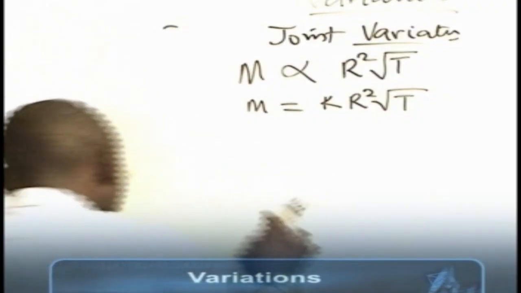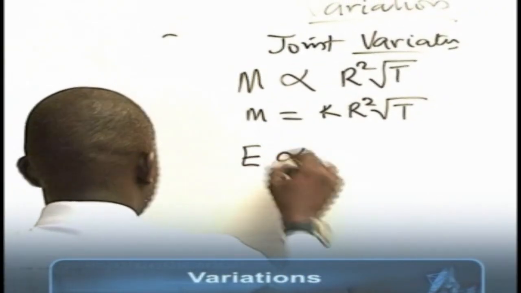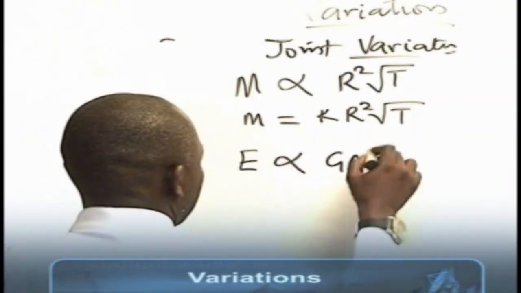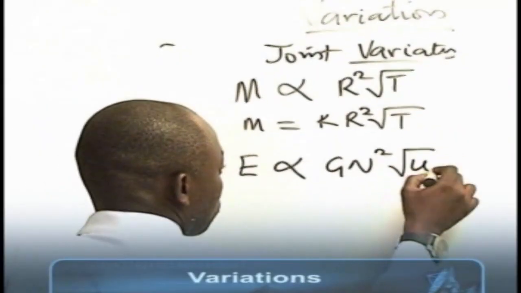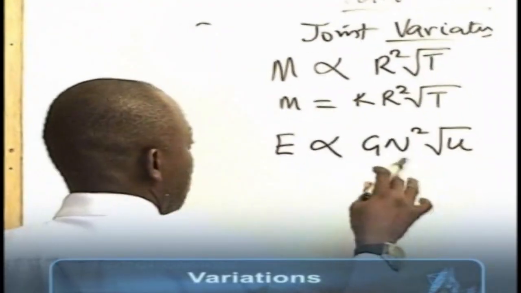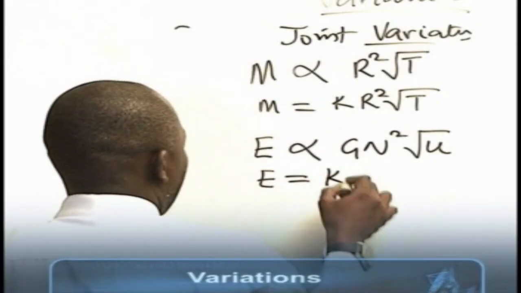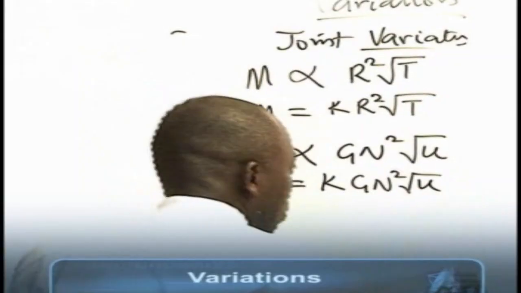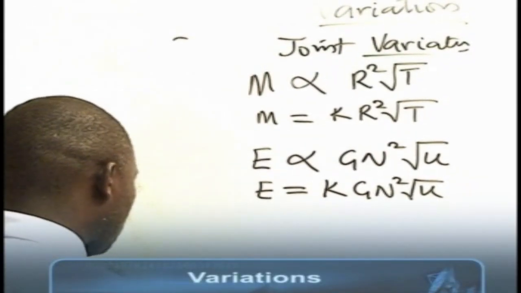What we do first is, let's represent it mathematically. We're told that E varies jointly as G, number 1, the square of N, number 2, and the square root of U. If we have this kind of scenario, then E is written as E equals K G N squared root U, introducing the constant.